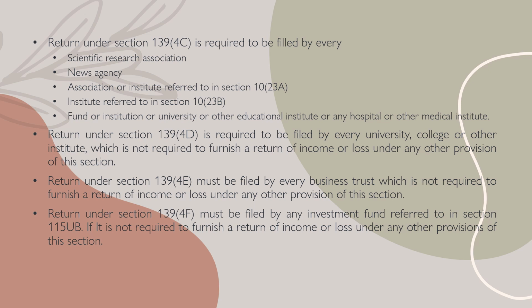Return under section 139(4)(f) must be filed by any investment fund referred to in section 115UB. It is not required to furnish a return of income or loss under any other provision of this section.